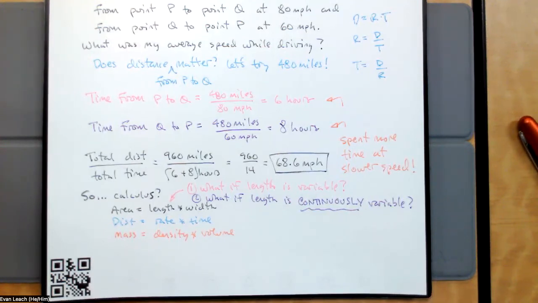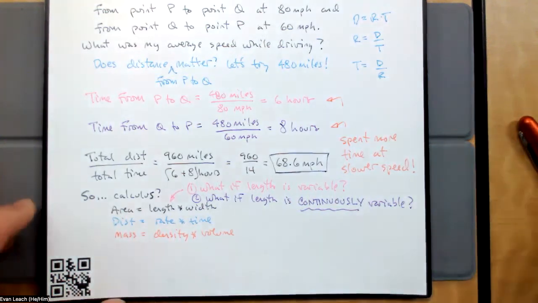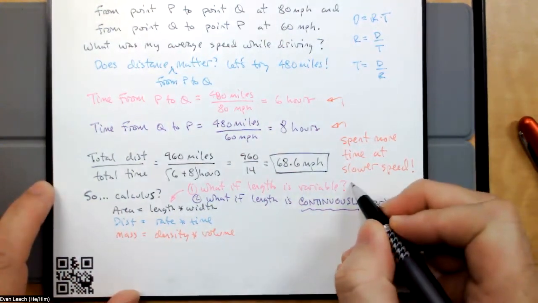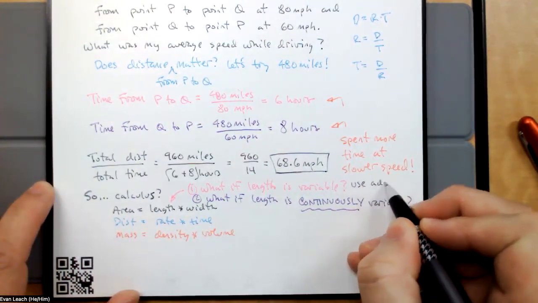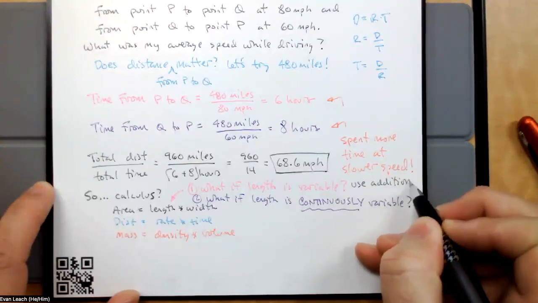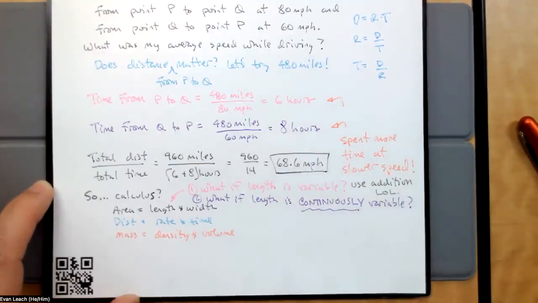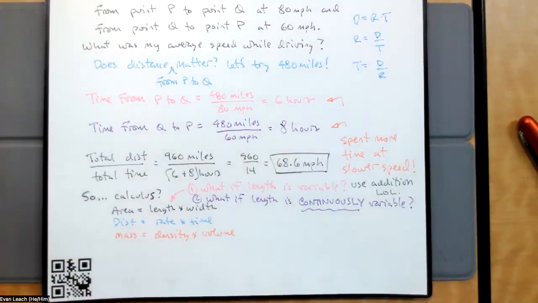If length is variable, we just drop it back from multiplication. All we have to do is drop back from multiplication to addition. If length is variable, we just use addition. That's what multiplication is for anyway.